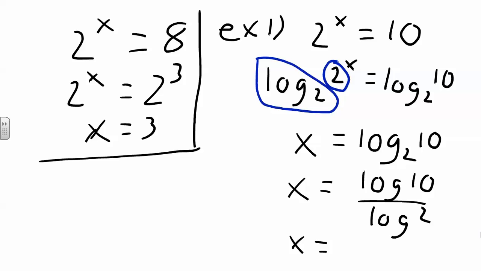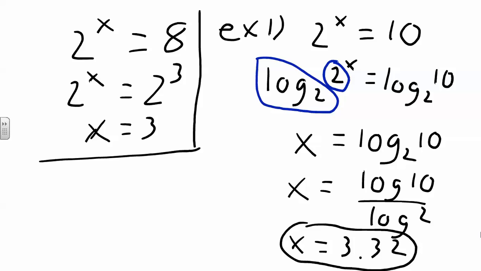Divided by log 2, that is 3.32. Now this is not an exact answer, it's an approximation. If I check my answer, 2 to the 3.32 is about 10, which makes sense because 2 to the third is 8 and 2 to the fourth is 16, so 3.32 makes sense.